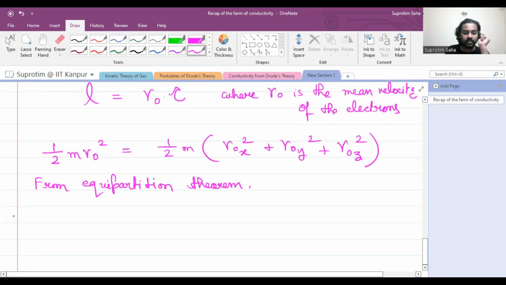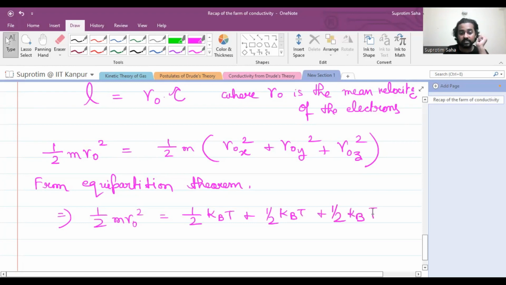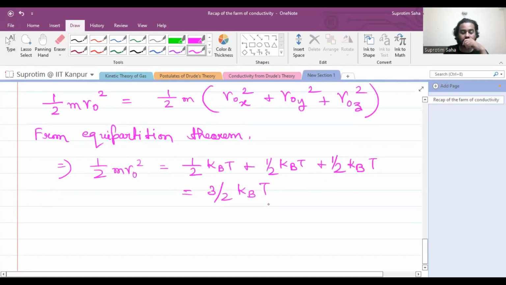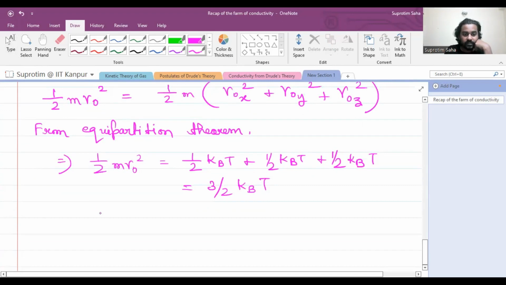We know that half m v naught squared is equal to half kBT plus half kBT plus half kBT. This is equal to 3 by 2 kBT, where kB is the Boltzmann's constant. So v naught is given by root under 3 kBT by m.